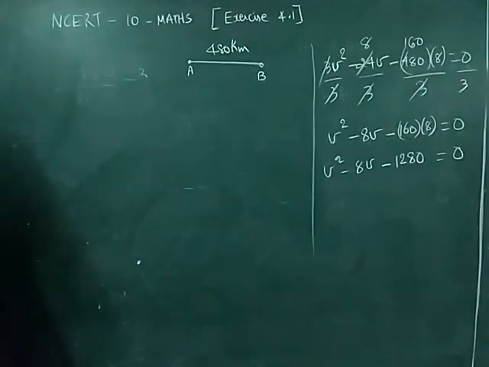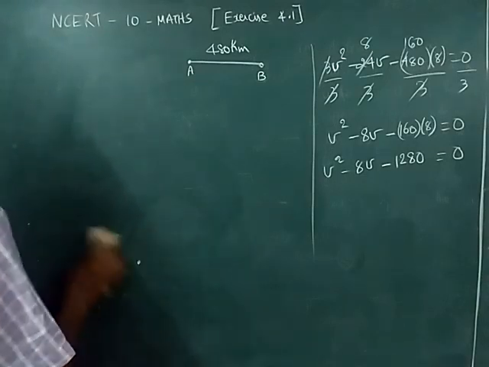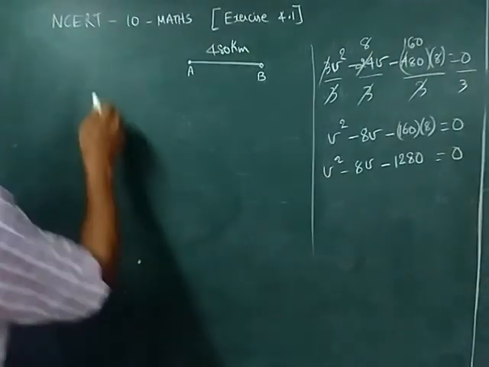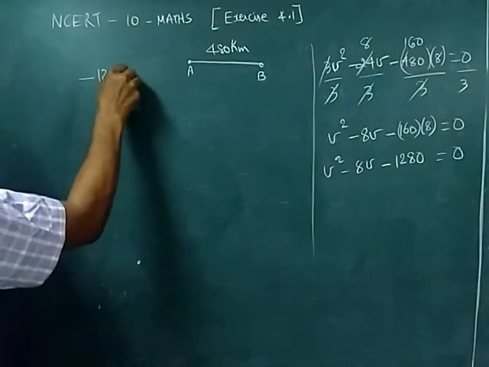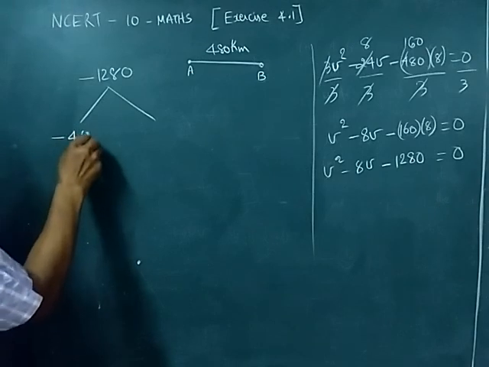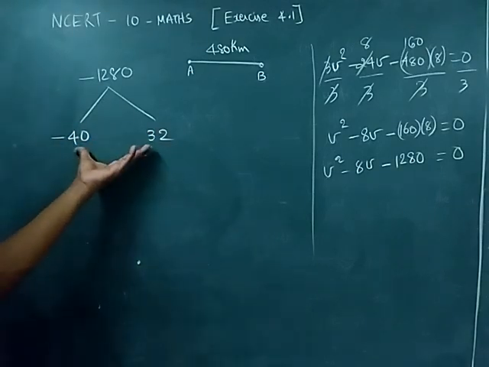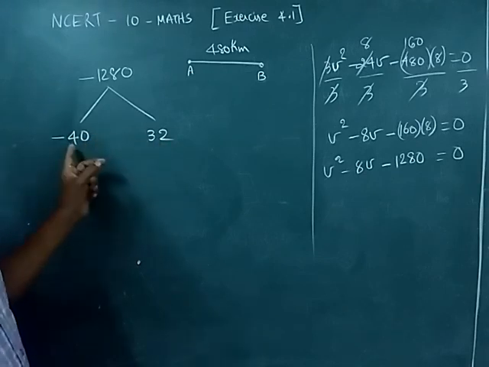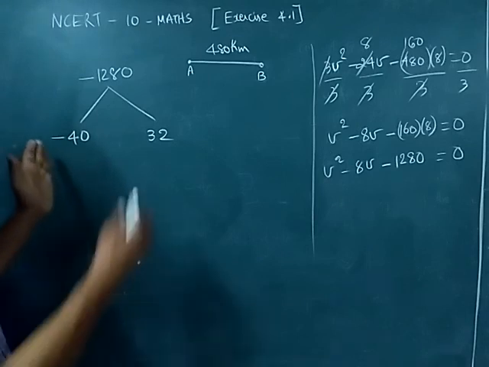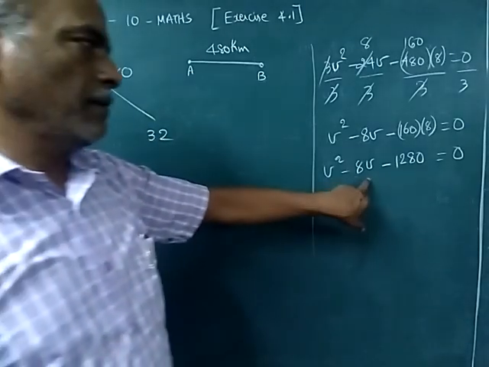If I multiply, I should get minus 1280, and if I add, I should get minus 8. So minus 40 into 32. If you multiply, 40 into 32 is 1280, minus. But if you add minus 40 and 32, you will get minus 8.